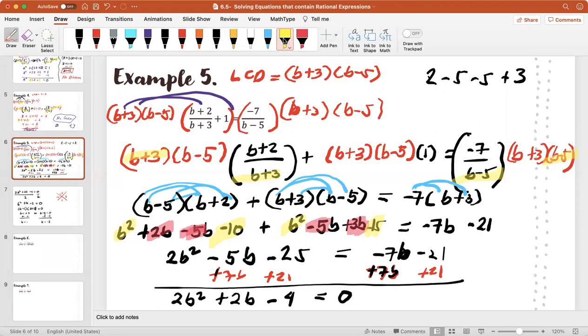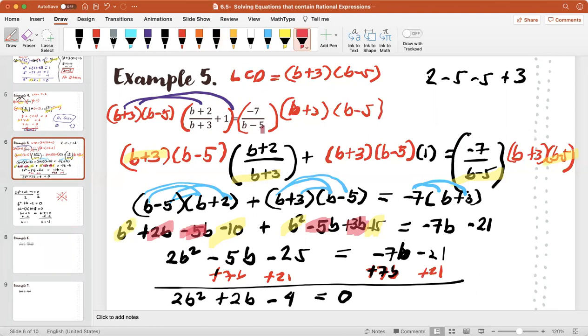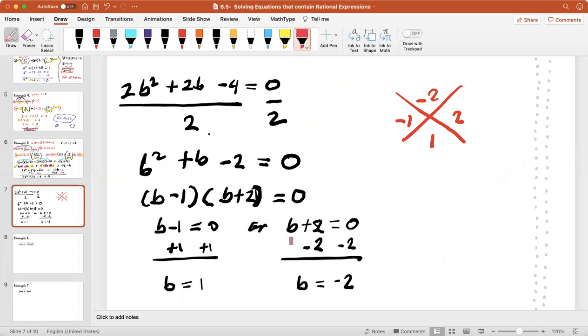So if your b is 1, let's check our denominator here. 1 plus 3, 4, check. But that's only the first one. How about your b minus 5 here? 1 minus 5, negative 4. Both of them are non-zero. So that means 1 is a solution, right?